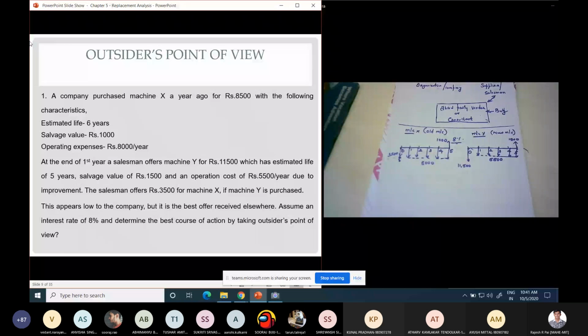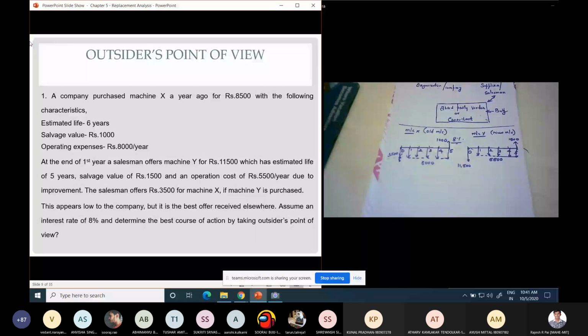So what the consultant will do is identify or search for the market value of that machine. The supplier has told 3,500 for the existing machine if they purchase the new machine. So that means probably that the salesman has considered the existing market condition and arrived at 3,500.